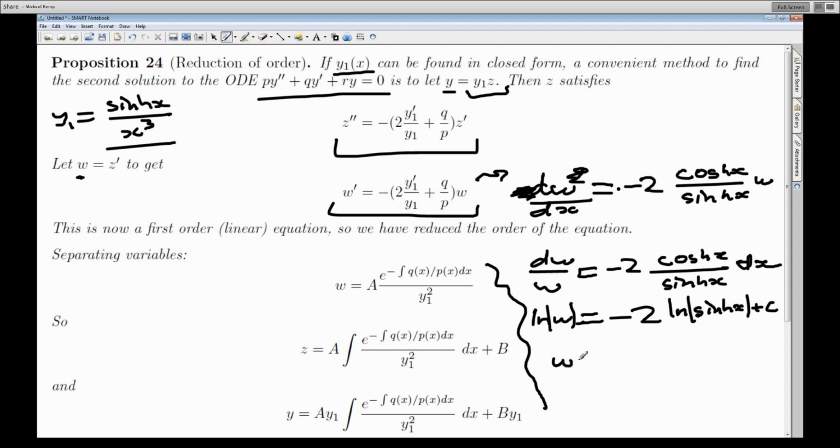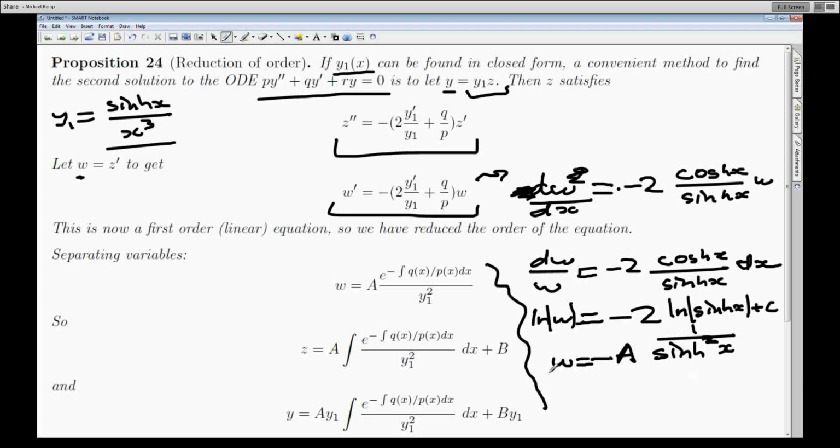Then w is equal to a constant, let's make it minus a just for trickiness's sake, times 1 over sin squared x, because it's to the power of minus 2. So w is minus a on sin squared x if you get rid of the logarithms.